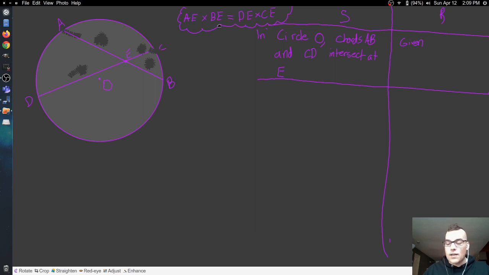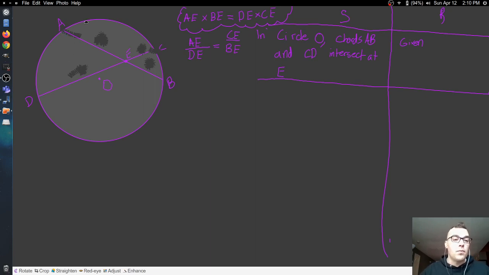In other words, I can do a little bit of algebra to rearrange this to have AE over DE equal to CE over BE. If this is what I want to get to, that's a proportion. Remember, whenever we wanted to prove proportions, the best way to do that would be to find two similar triangles. So that's my motivation for the next step here.